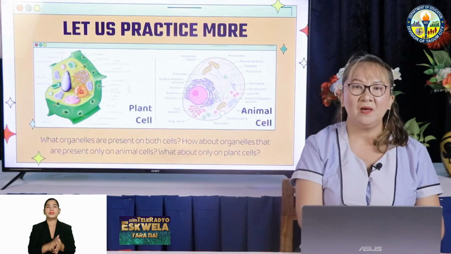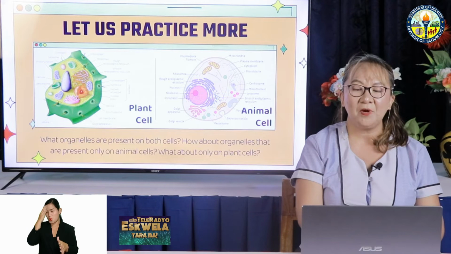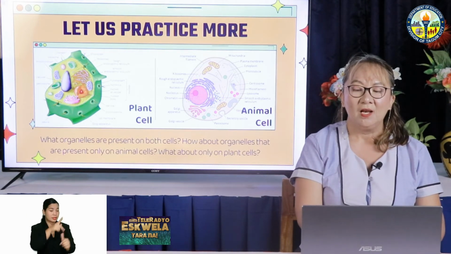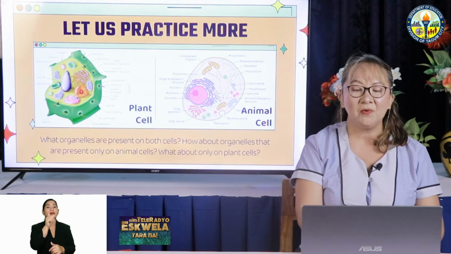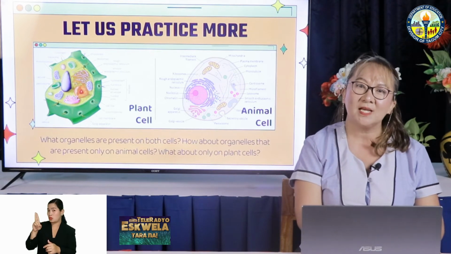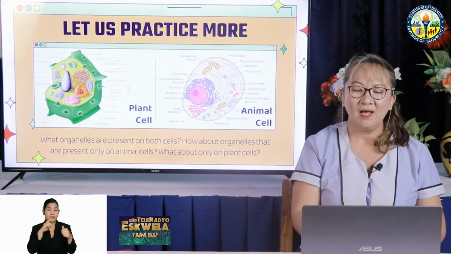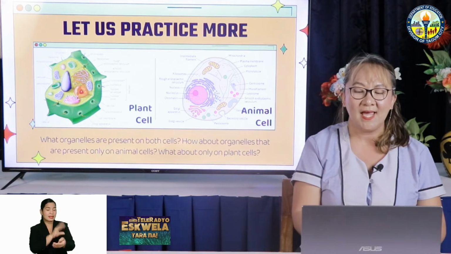Now that you have identified the difference between prokaryotic and eukaryotic cells, let's focus on two types of eukaryotic cells, the plant cells and animal cells. If you could, kindly turn to pages 9 and 10. There will be images of those two cells and some of their parts labeled.